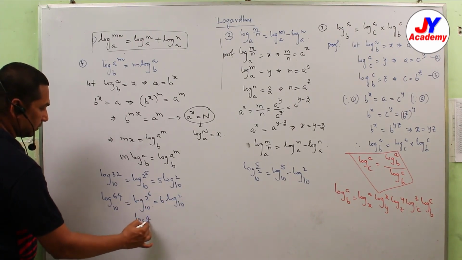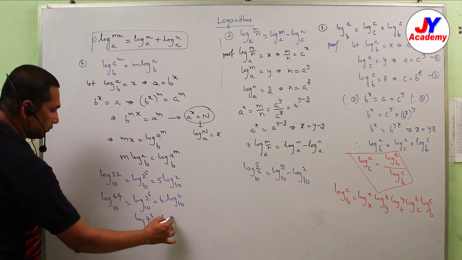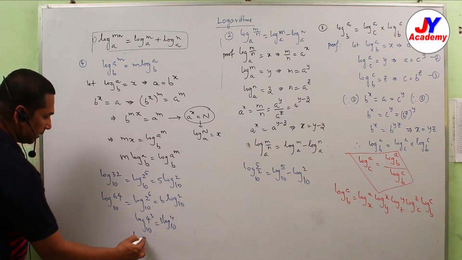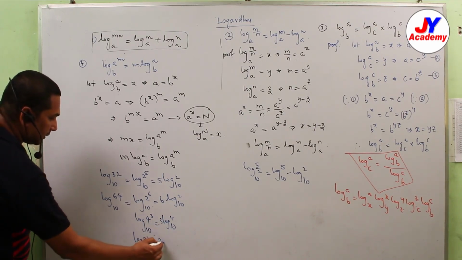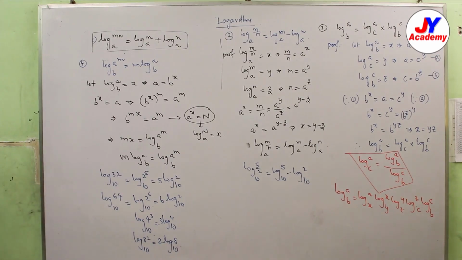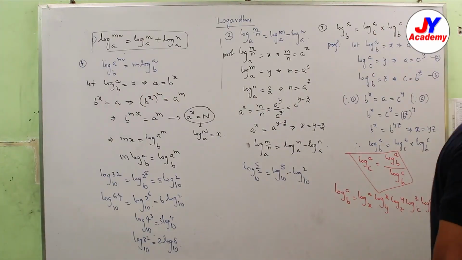It is log 4 cube base 10, so 3 log 4 base 10. Also it can be written as log 8 square base 10, that is 2 log 8 base 10. So these are the applications of log a power m base b.